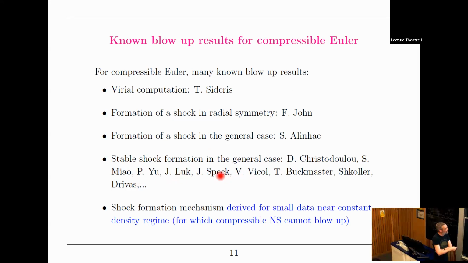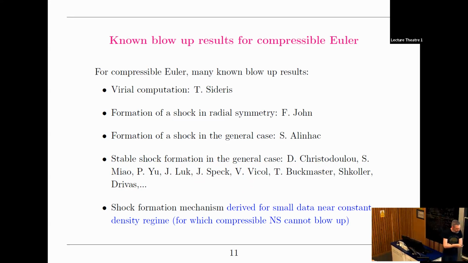There are lots of important results by Jared and Jonathan that we'll hear again this week, Jonathan later in the week. And then there are works by Buckmaster, Shkoller, Vicol and Rivas. So there is a sequence of works, and I hope I didn't forget anything here.